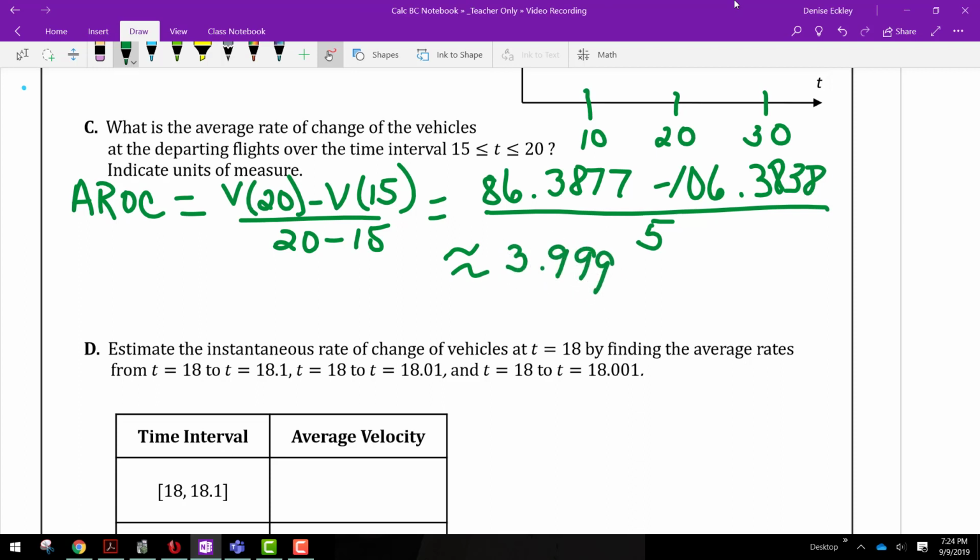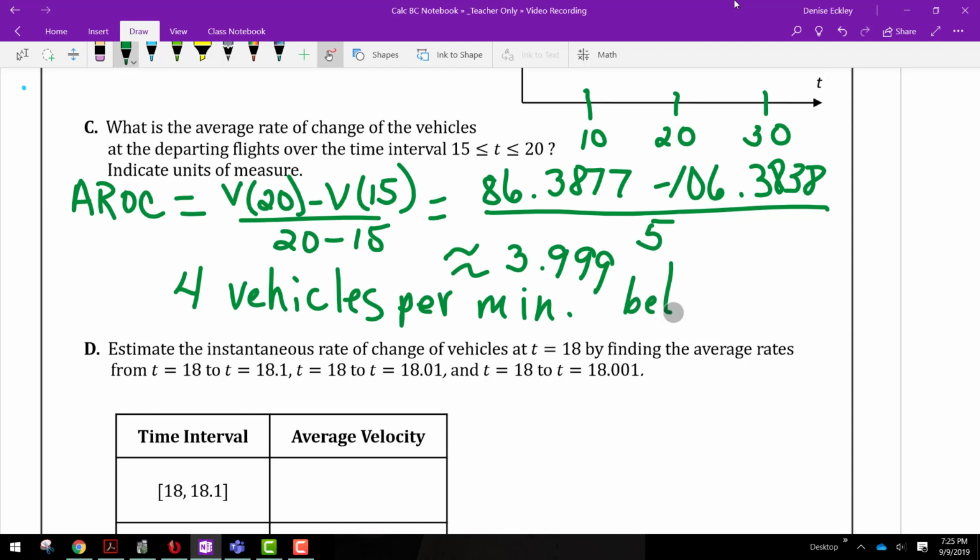So this is going to be about 4 vehicles, because remember we're talking about real things, so we have to round it. 4 vehicles per minute between 15 and 20 minutes. And again, you want to include that time interval.